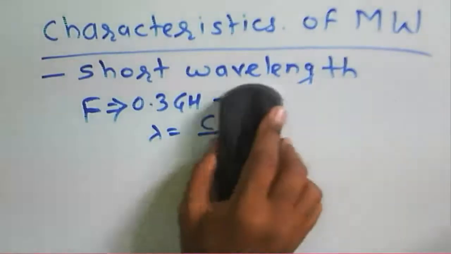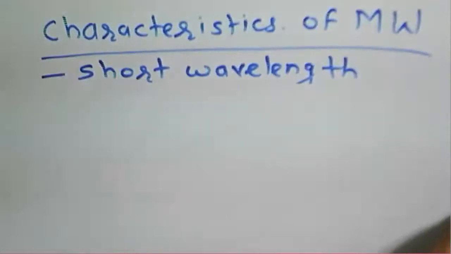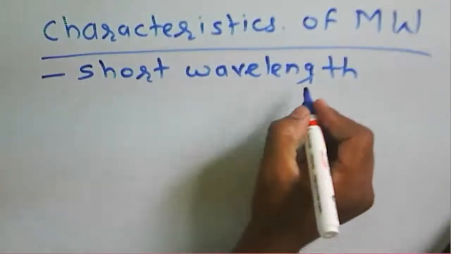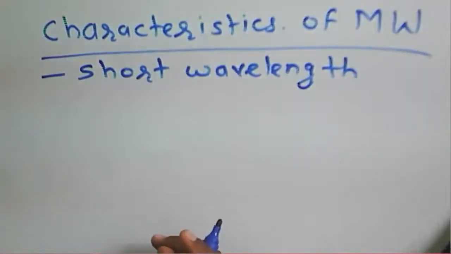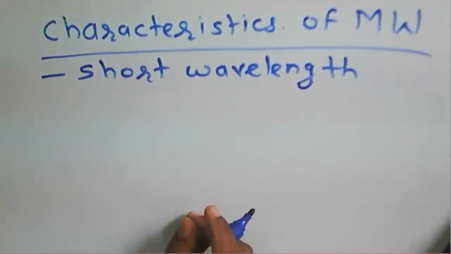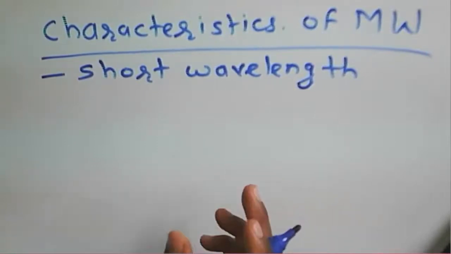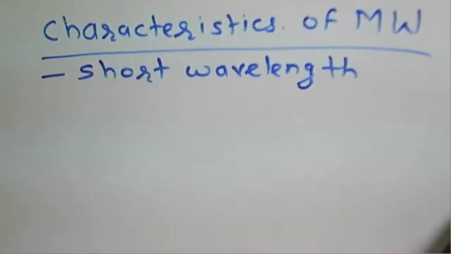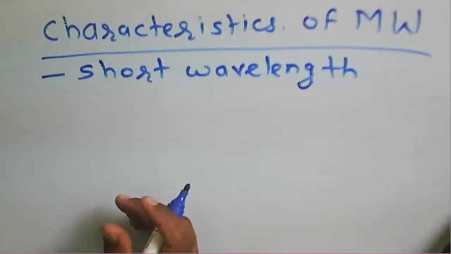So that is the characteristic. It has a very short wavelength, and already we say that they are ultra short waves, super short waves, or extremely short waves. Those are the bands or designations by the IEEE standard.